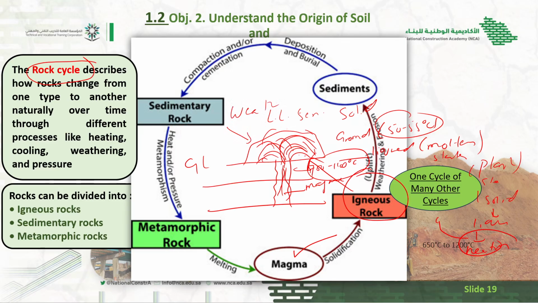Again, if this igneous rock is subjected to weathering, by mechanical or chemical means, maybe air or water, weathering happens. So it is converted to small particles again. Let me clarify it.